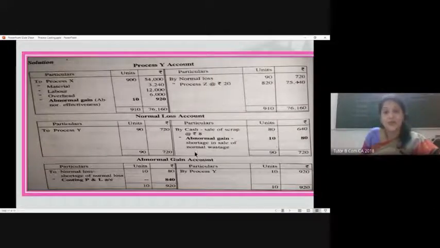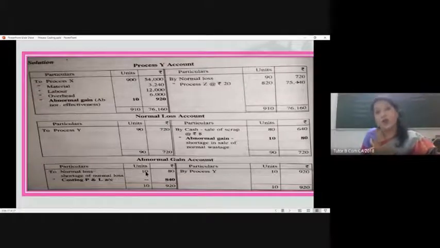Now the same entry I will make in my abnormal gain account also, which is debited with the amount where there was a shortage of the scrap value, and the balancing figure is taken to the costing profit and loss account. So this is my abnormal gain account and normal loss account. Now I'll just repeat once more. Abnormal gain is a condition where your actual output may be higher than the expected output, or your actual loss may be lower than the expected loss.